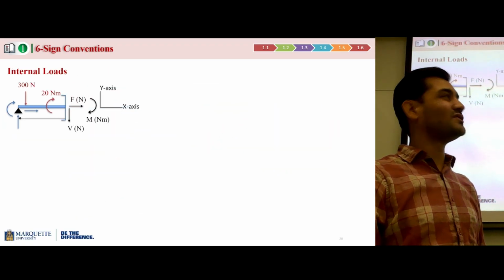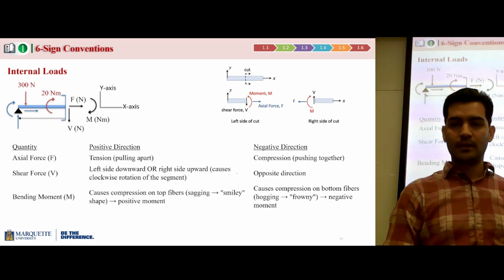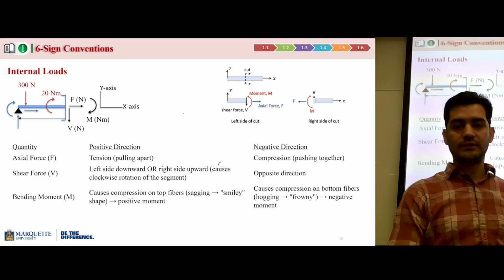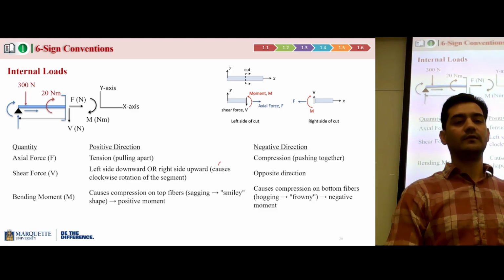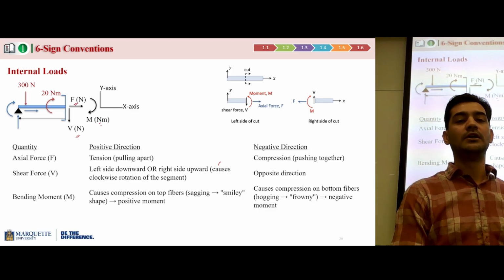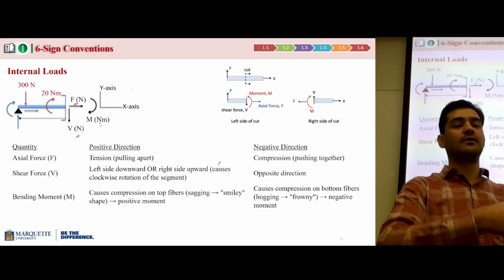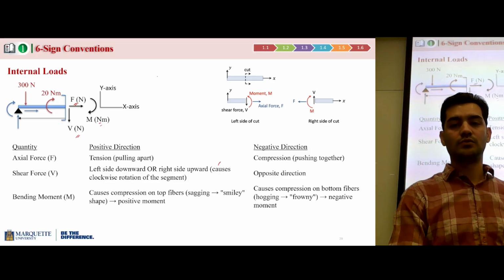And for the internal loads, it's a bit tricky, a bit different. This is axial force, this is shear force, this is moment. Axial force is positive when it's causing tension in the system. What do I mean by that?